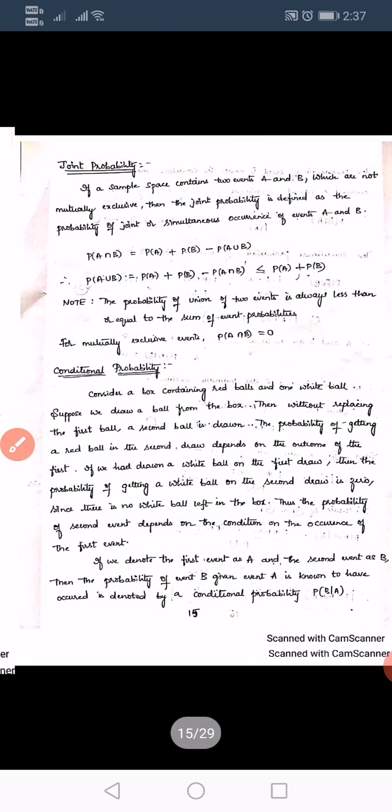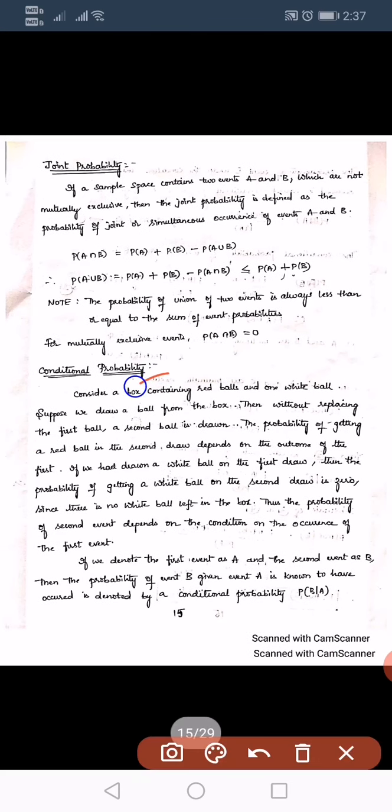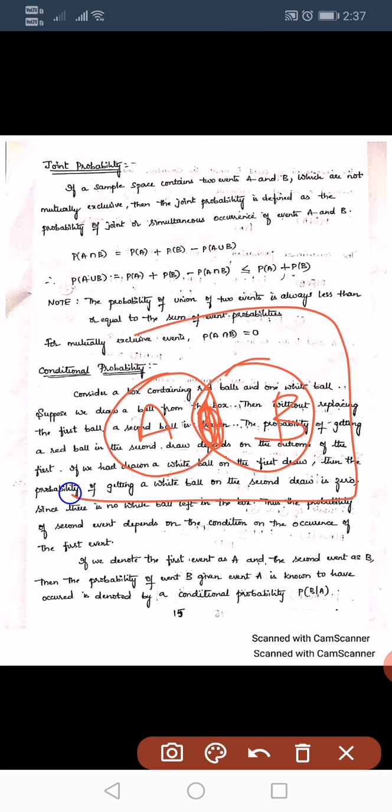Not mutually exclusive means, this is event A and this is event B, and both have some common elements in the sample space S. So we call it not mutually exclusive.